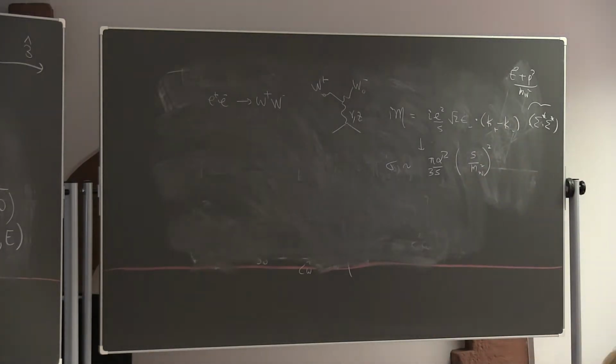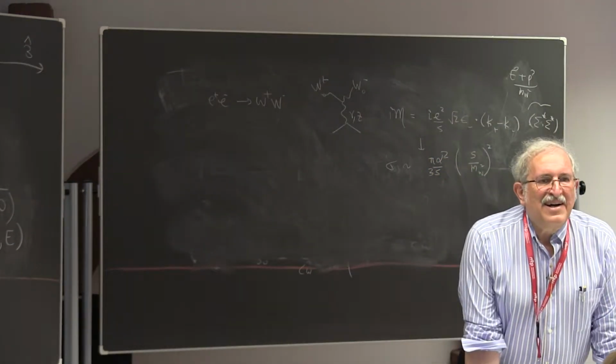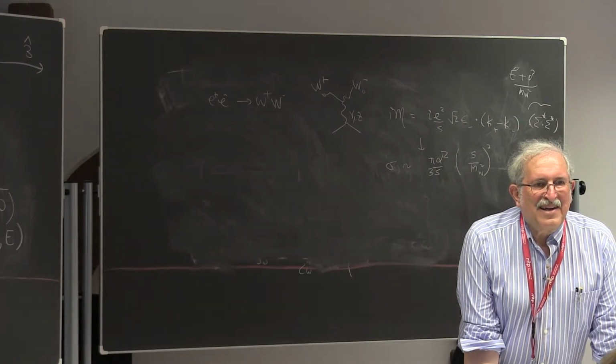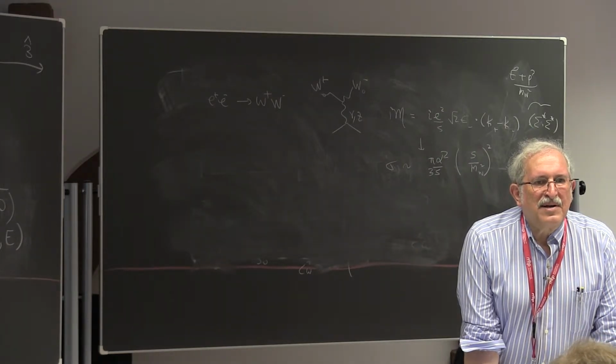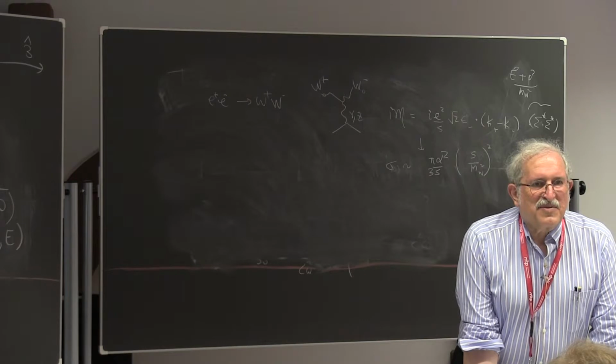Okay. Well, the answer is you're absolutely right. Yes. I'm sorry? So this is longitudinal polarization, right? Yes. It's related to the fact that only the massive gauge bosons can have longitudinal polarization. Yeah, but these are massive gauge bosons.